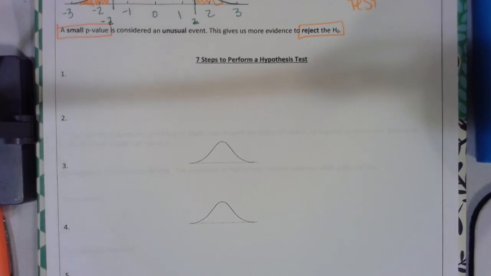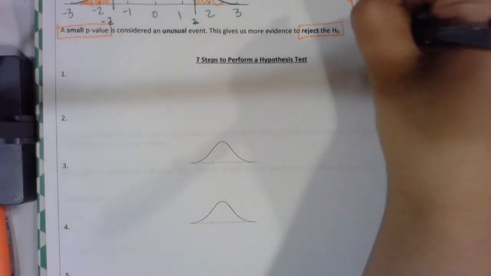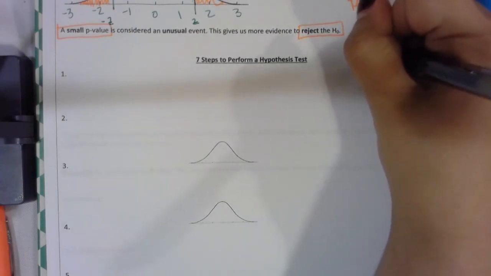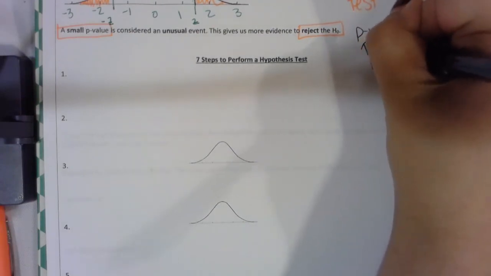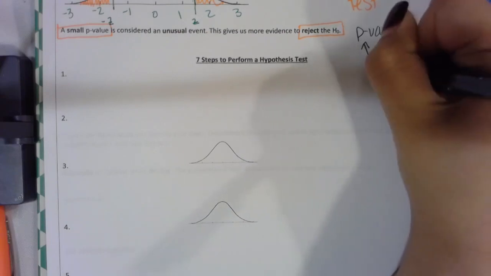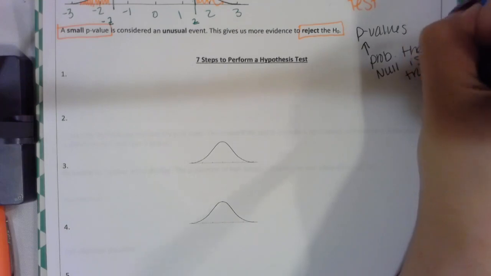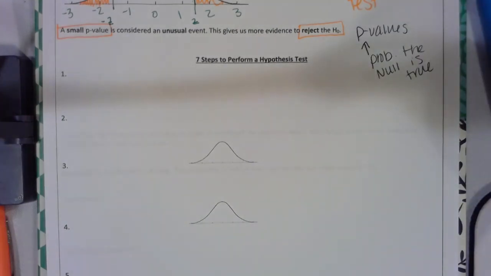So we need to define what a p-value is. This is just the probability the null is true. So if your p-value is small, your probability that the null hypothesis is true is small, and people like to go with the greater probability.